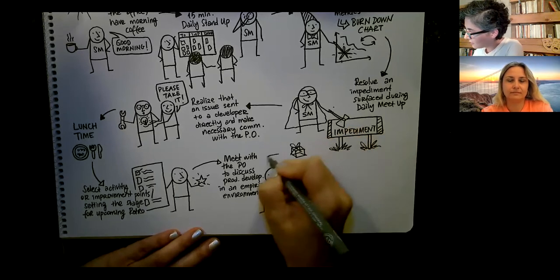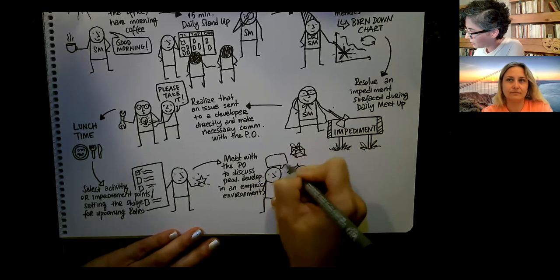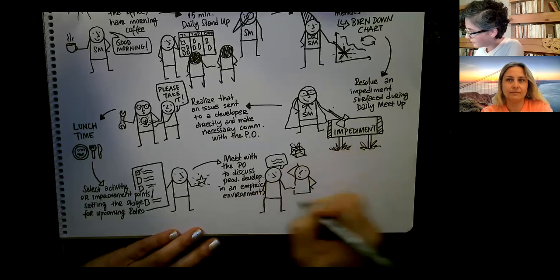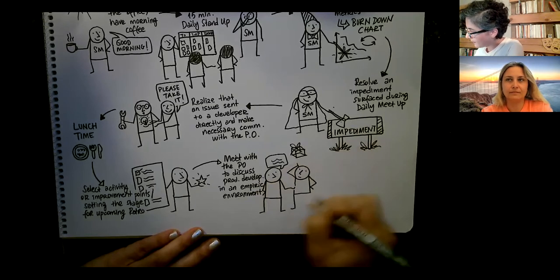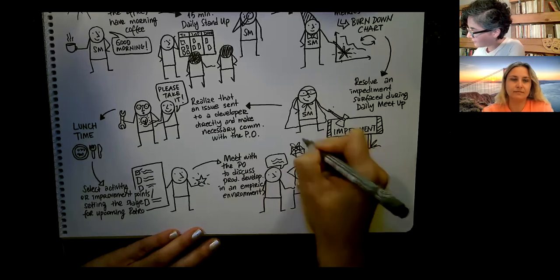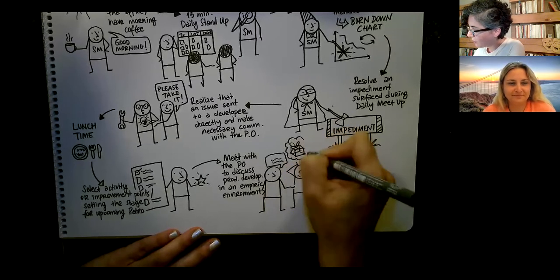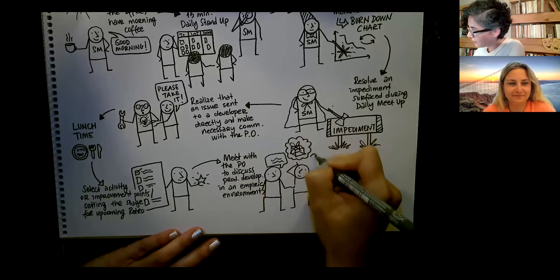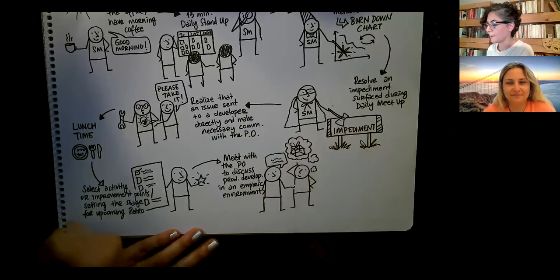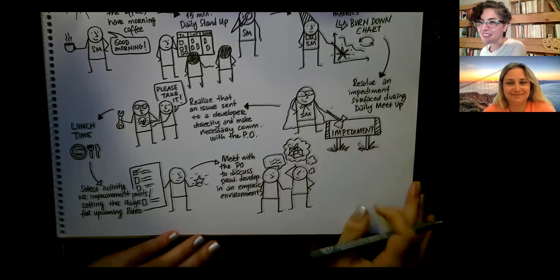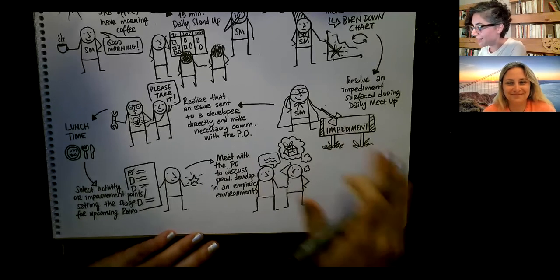And the Scrum Master saying something, blah, blah, blah, blah. Let's make a thinking bubble. So I don't have enough space, but it's okay.